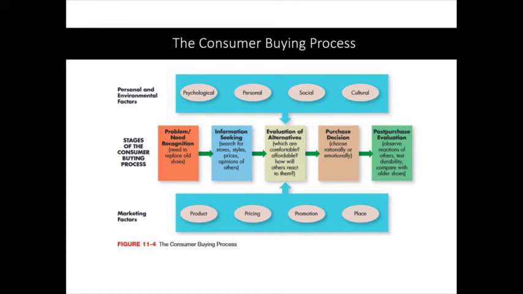And that next goes to information seeking. If you're looking for shoes, that's a search for stores, styles, prices, opinions of others, and of course, depending on what you're looking to solve, what you need, information seeking will take quite a wide variety of different forms. Eventually, your information seeking winnows it down to an evaluation of options and alternatives.